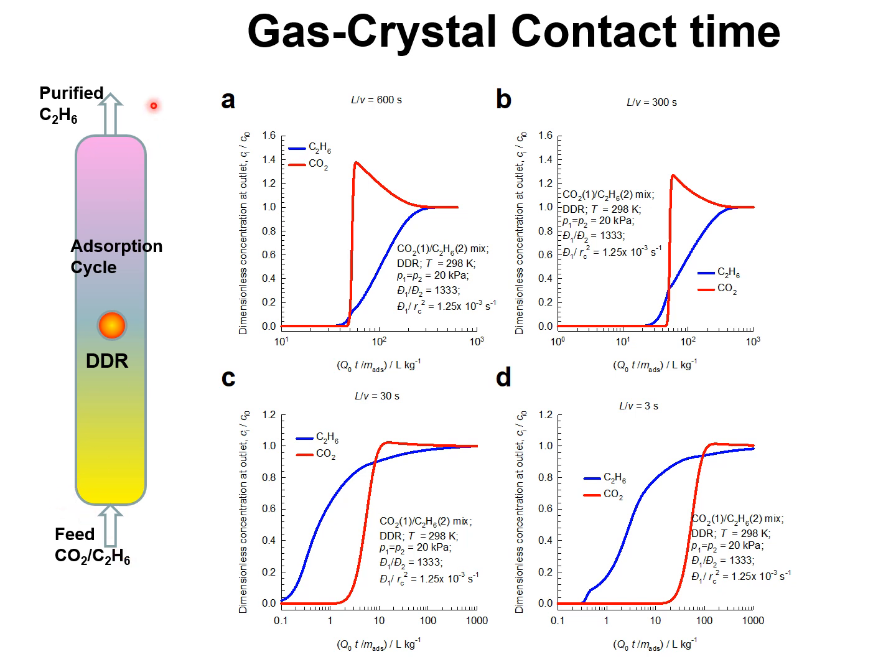The length of the fixed bed adsorber is fixed at 0.3 meters, but the entering gas velocity is varied to yield 4 different contact times between the crystallite and the surrounding gas mixture.